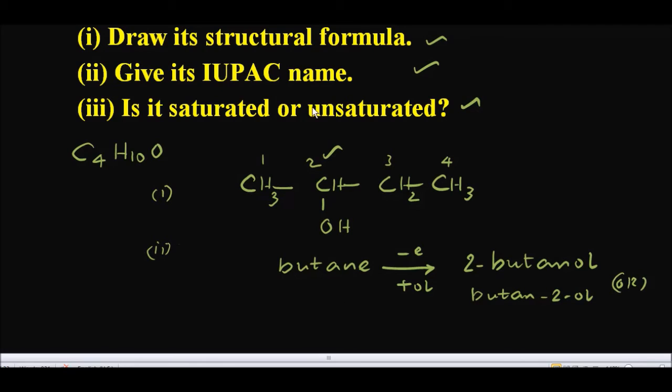So the second part, the IUPAC name, is butane-2-ol, and you are asked to find whether it is saturated or unsaturated. As there are no double bonds in the compound, surely it is a saturated alcohol. So the compound is saturated, and its formula is C4H10O.